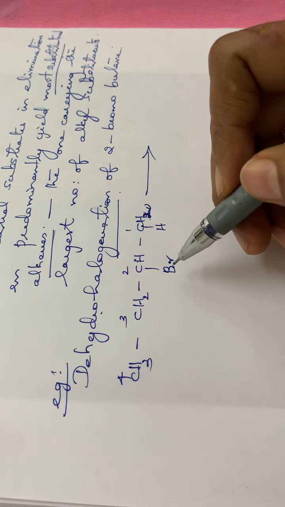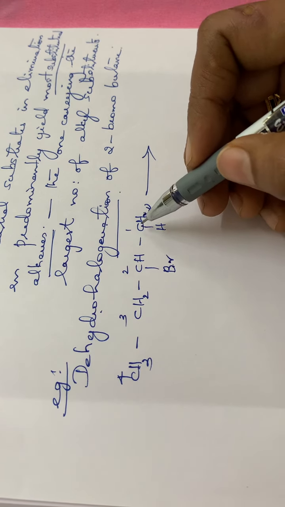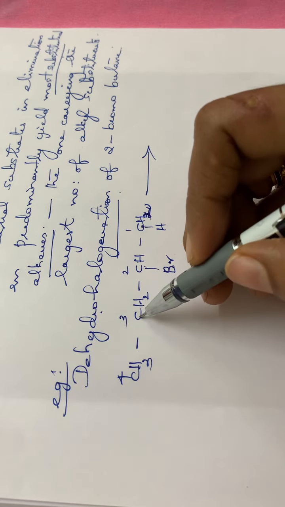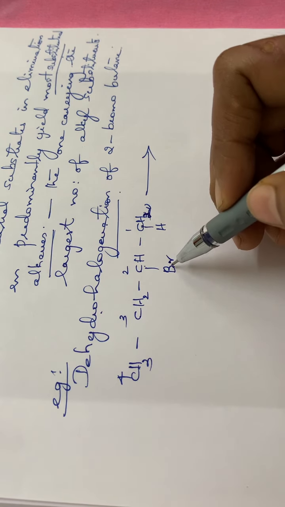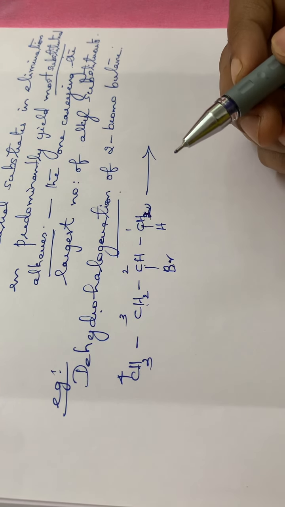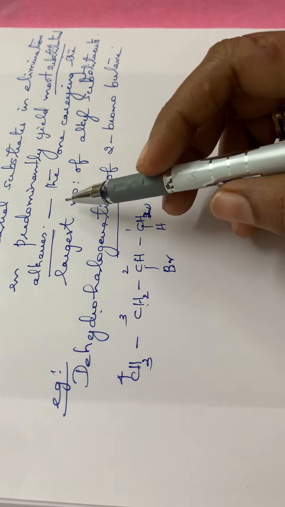Two chances are there for elimination: from carbon atoms 1 and 2, one HBr can be eliminated, and from carbon atoms 3 and 2, we can eliminate one HBr. So here we are applying the Zaitsev rule.